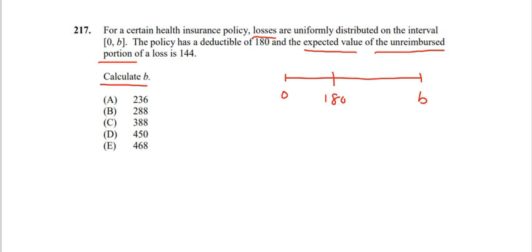Suppose this unreimbursed portion is y, and x is the loss. From 0 to 180, y is x, not insured. Insurance will not pay that. And above that, y is 180, right?